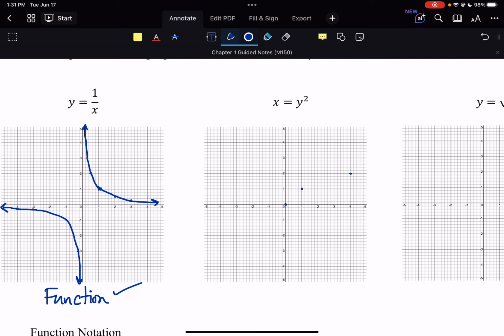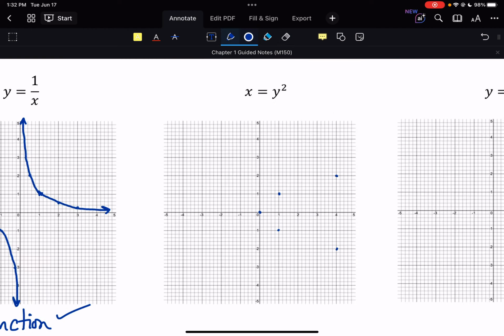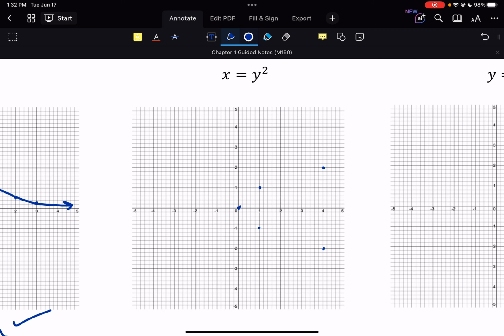But notice when y is negative 1, x is 1. When y is negative 2, x is 4. So we're going to get a top half up here and a bottom half down here.